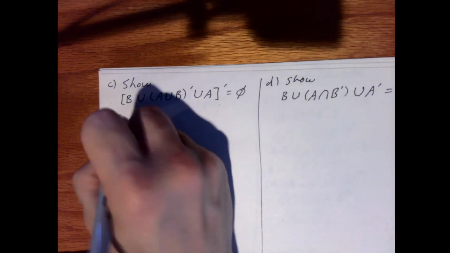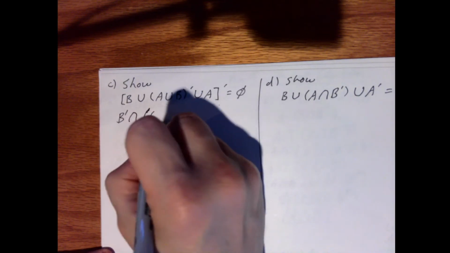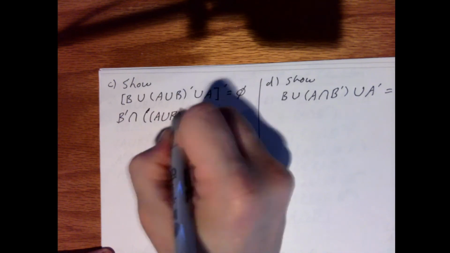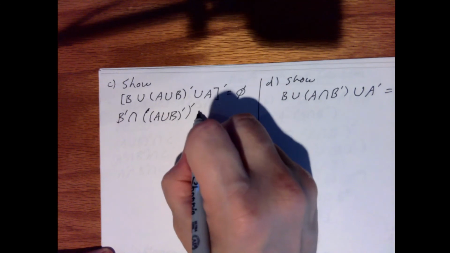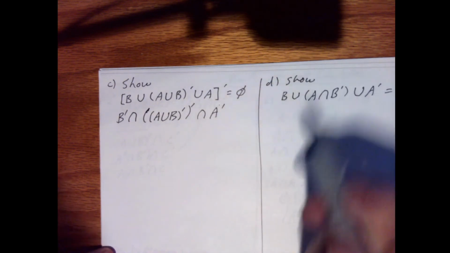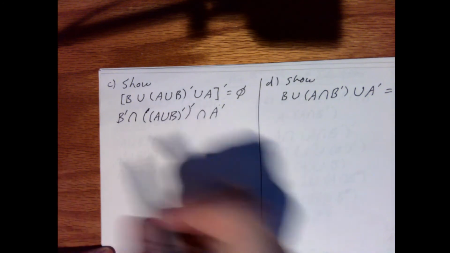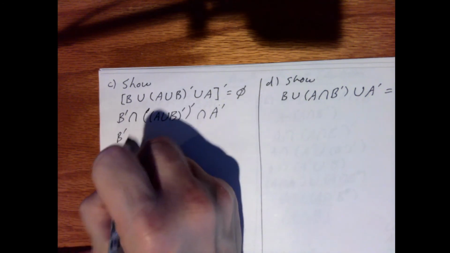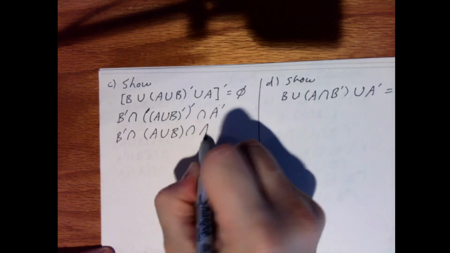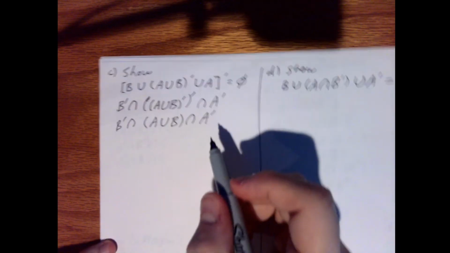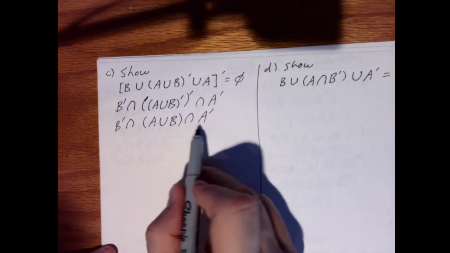So this becomes a complement of B intersected with A union B complement, right? Because this complement goes in on this, intersected with the complement of A. Just like before, the complement of the complement just gives you the A union B, so this becomes a complement of B intersected with A union B, intersected with the complement of A. And now I can group these, so this is a set intersected with a set, intersected with a set.